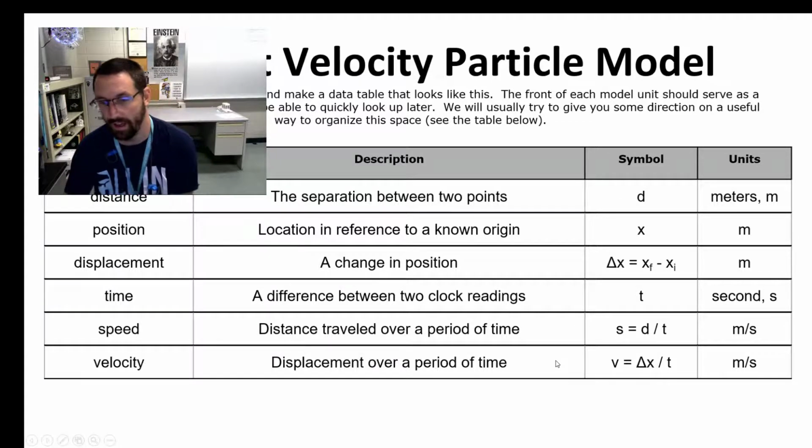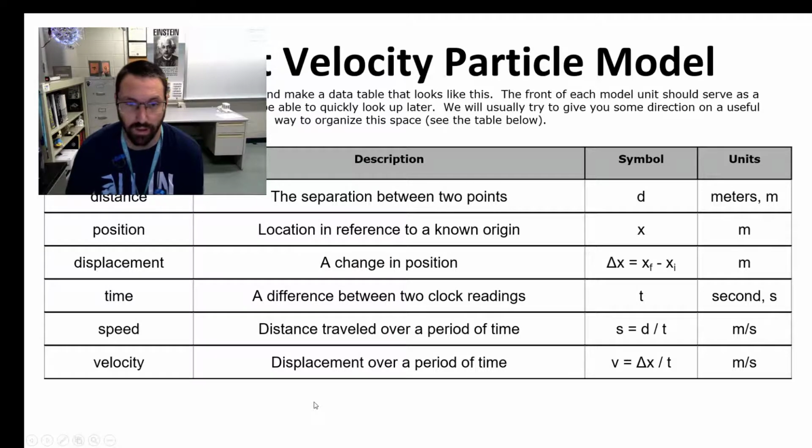Velocity, however, can have a negative value because displacement can have a negative value. So if we go back to our example, where the object moved from 2 all the way back to -1, if that happened over 6 seconds, our velocity would be -3 divided by 6. It would have a negative 0.5 meters per second velocity.